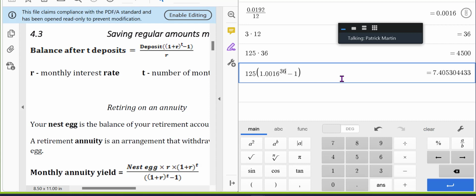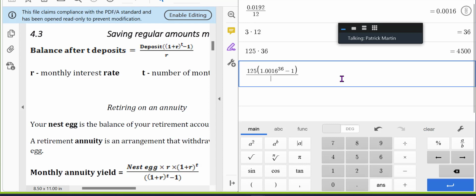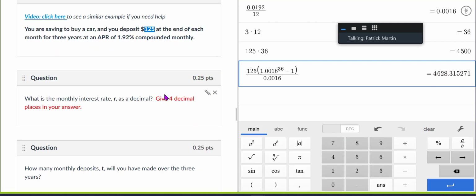Make sure not to subtract 1 from the 36 in the exponent area. It'll be that, subtract 1, okay? And then you take that and divide it by R, which is 0.0016. Okay, and so what we should get is 4628.31, and so on.